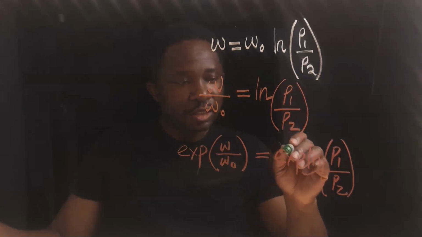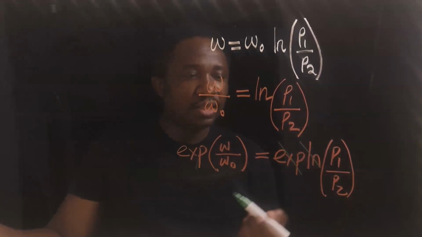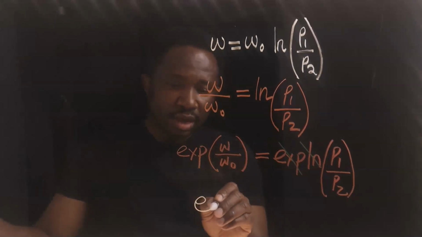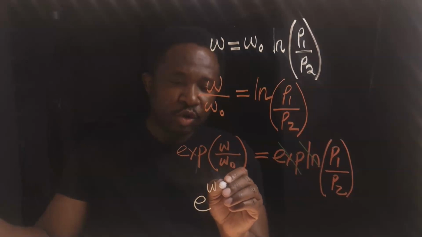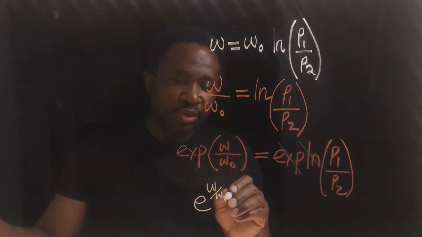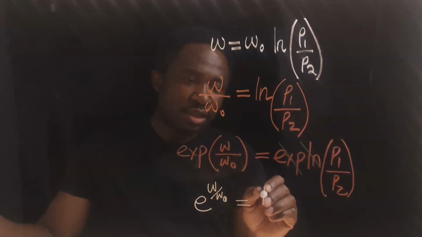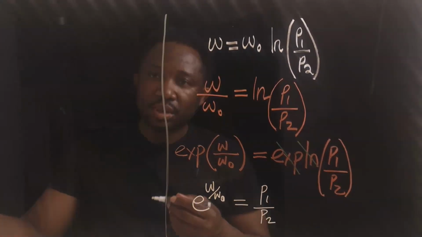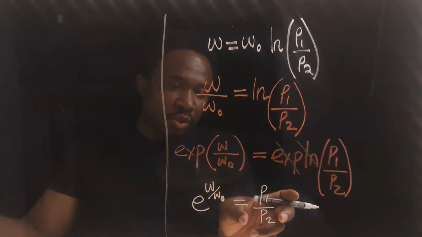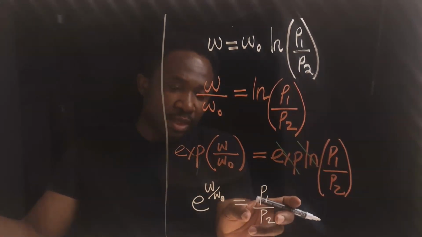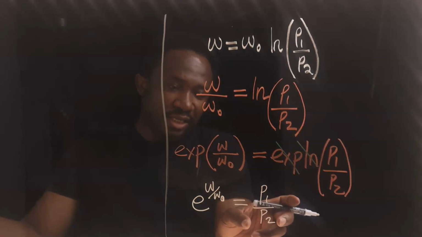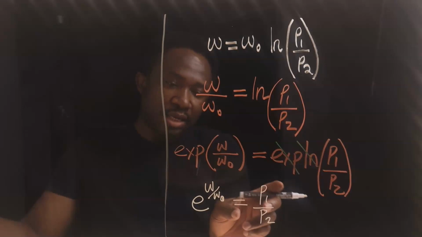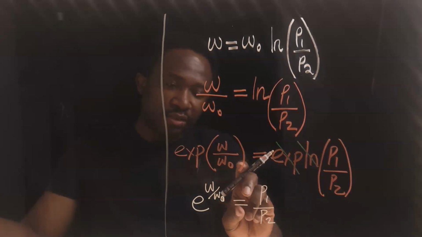Next, exponential will neutralize natural log, and we're going to have exponential w divide w naught is P1 divide by P2. Next, we want to make P2 the subject. P2 here is at the denominator. We're going to cross multiply, and it's going to move across the equal sign.